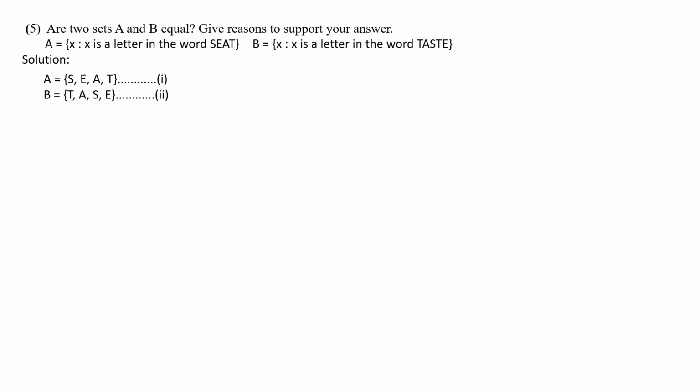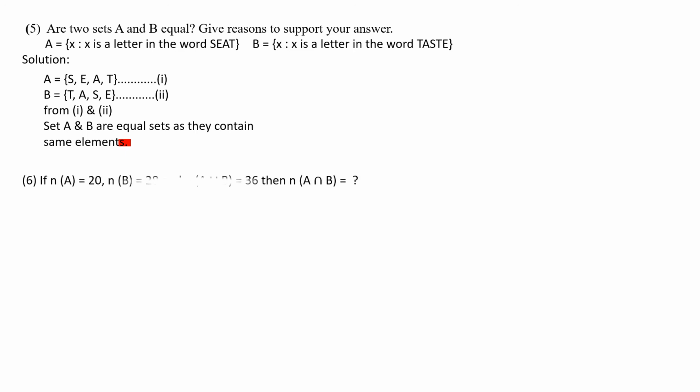So from 1 and 2, what you can say is that sets A and B are equal sets as they contain the same elements. I hope you got it.